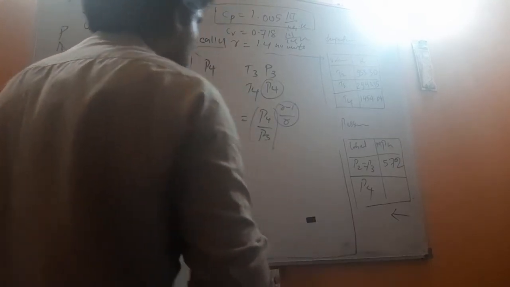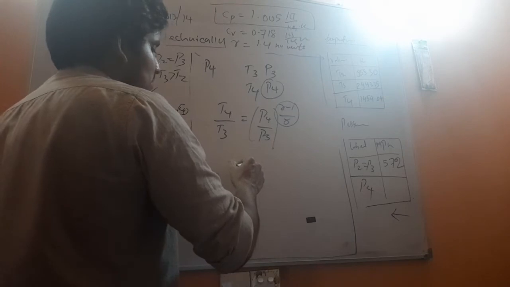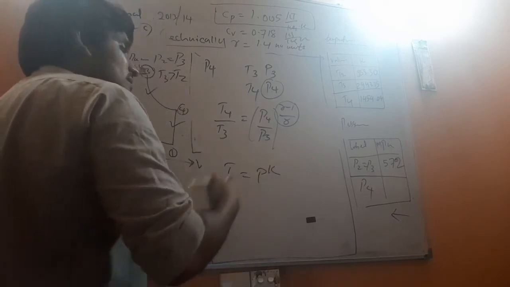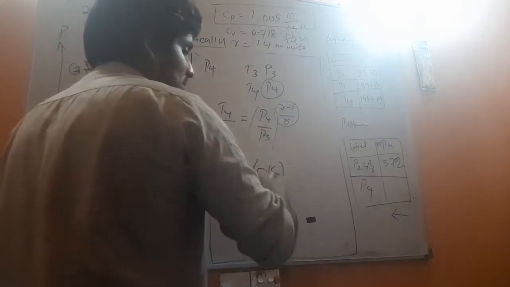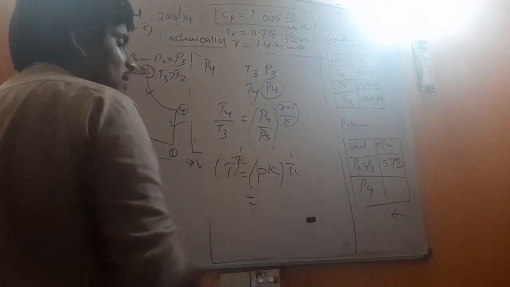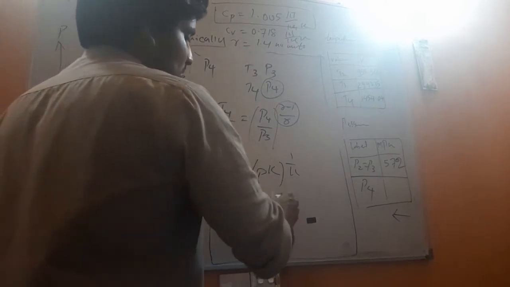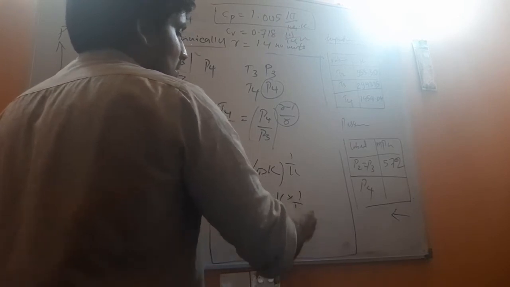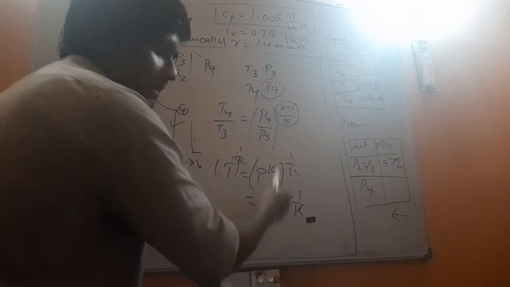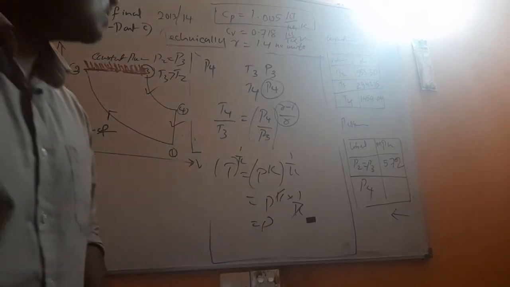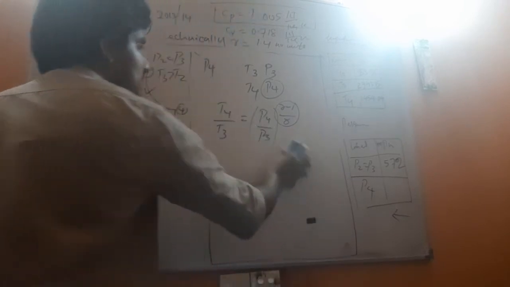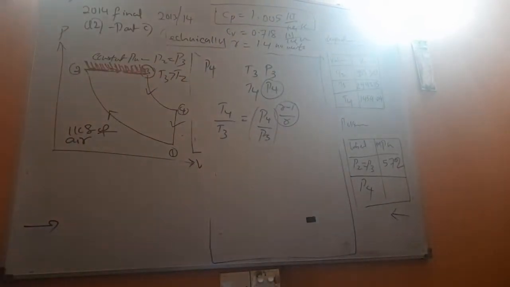For example, if you have T equals P to the power K, you can take this to the power 1 over K and this to the power 1 over K. Then P to the power K times 1 over K, the K's cancel, so P would be remaining. So you can take the reciprocal power on both sides. That's a simple trick.